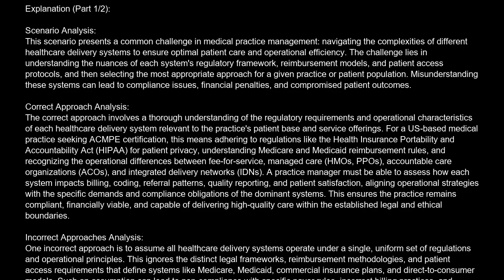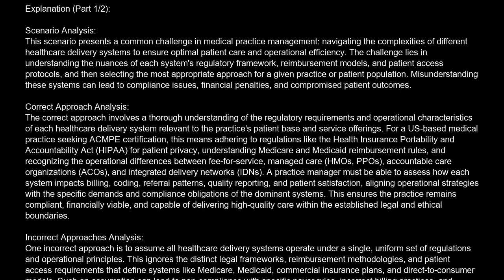A practice manager must be able to assess how each system impacts billing, coding, referral patterns, quality reporting, and patient satisfaction, aligning operational strategies with the specific demands and compliance obligations of the dominant systems. This ensures the practice remains compliant, financially viable, and capable of delivering high-quality care within the established legal and ethical boundaries.